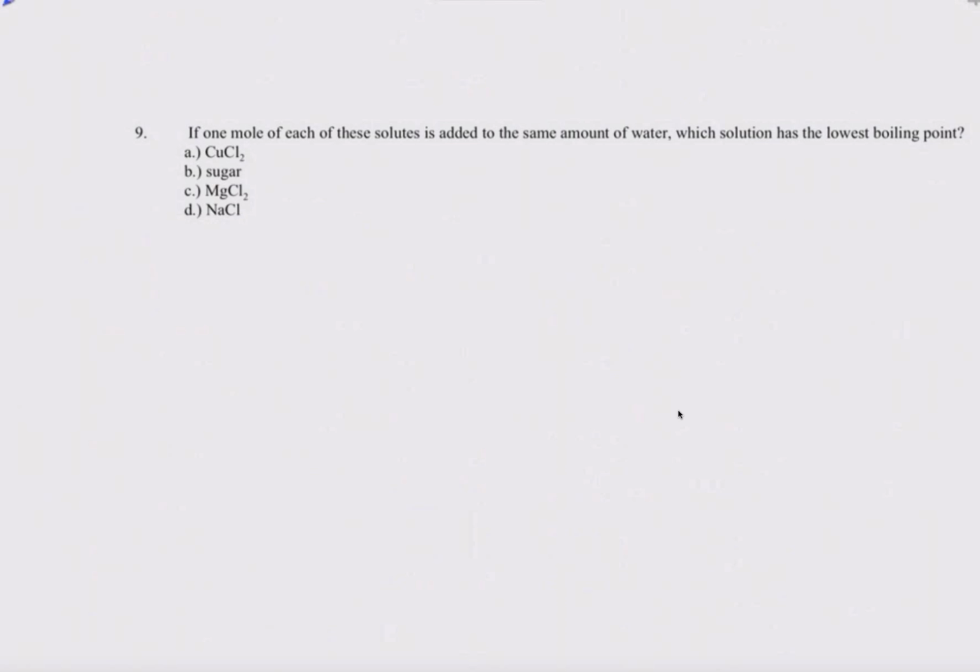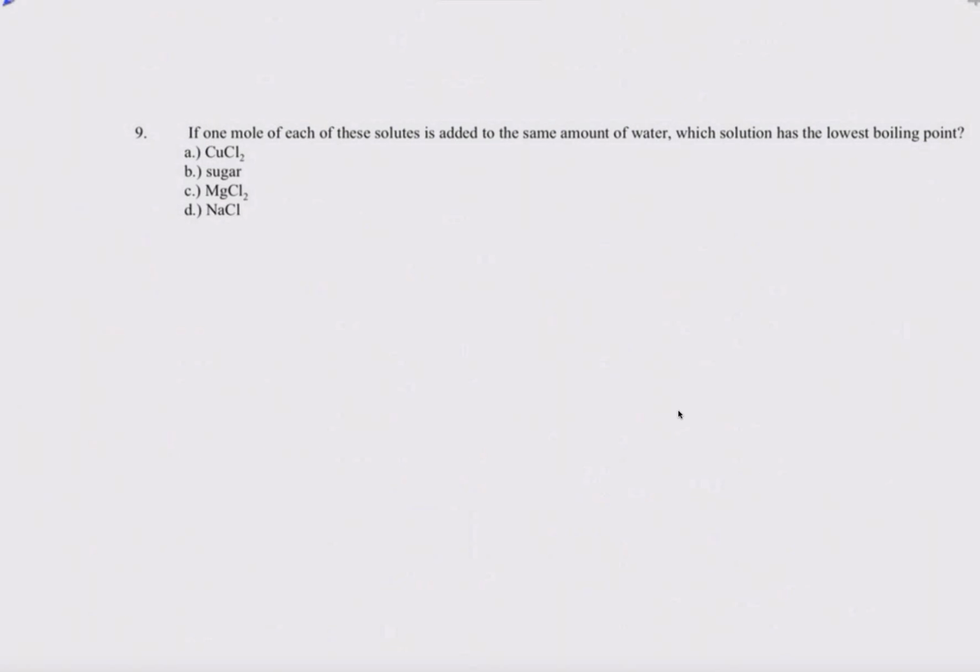If 1 mole of each of these solutes is added to a certain amount of water, which will have the lowest boiling point, which means which will have the least effect, because adding solute increases the boiling temperature. So which of these would have the lowest or least effect?